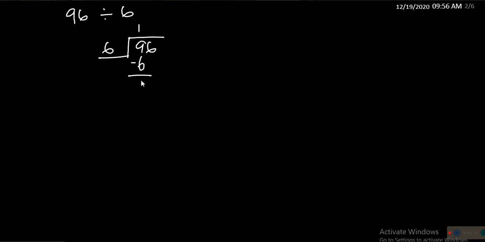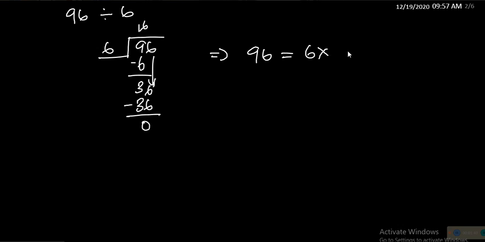If you subtract that, you have 3. Bring down 6, it becomes 36. 6 into 36 is 6, 6 times 6 is 36. Subtract 36 from 36, you have 0. So therefore you say 96 equals 6 times 16, or you say 96 divided by 6 equals 16. So this is the long division algorithm.